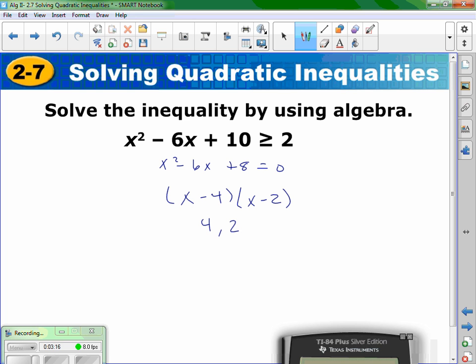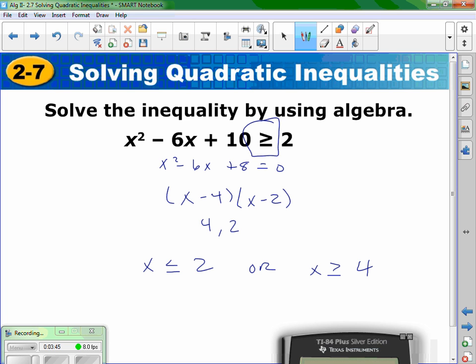Now this is where I look. It's greater than, so it's automatically or. x is less than or equal to something, or x is greater than or equal to something. You're going to have x is less than or x is greater than. Now, if you think about this, it has to be less than the 2, greater than 4.